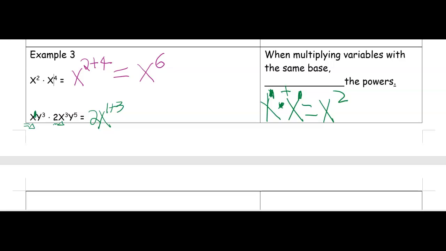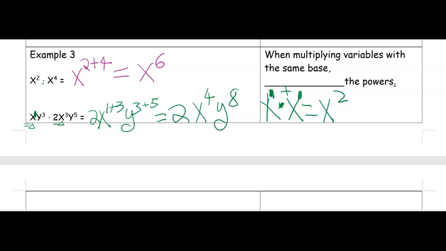And then deal with y. This is y3 times y5. Add up the powers, or add up the heads. And finally do the calculation. So it's 2x to the power of 4, y to the power of 8. So just be careful.